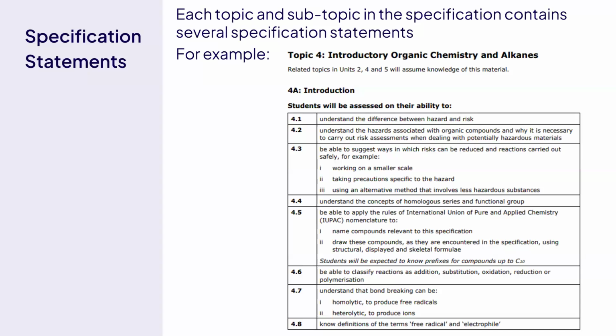There's the introductory organic chemistry and alkanes, and you can see that there are 1, 2, 3, 4, 5, 6, 7, 8 separate specification points there, outlining what the students need to be able to do in order to be able to answer the examination questions that will be set on that particular topic. And the important thing is that every single question or part question is designed to access a specific statement from the specification.